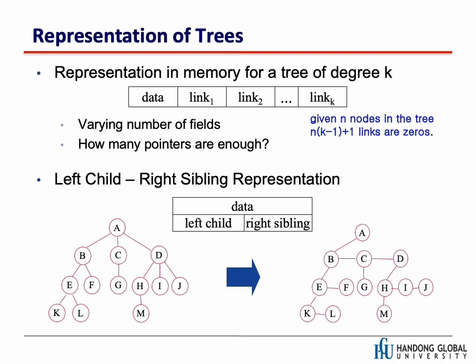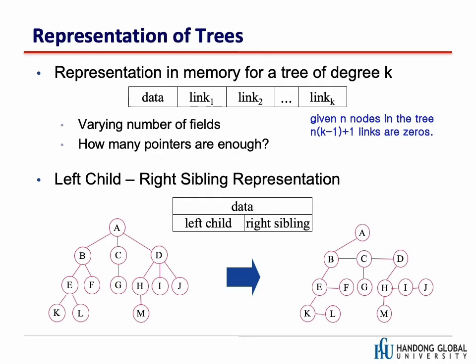Okay, so this is not the best way to represent a tree, because we have a varying number of fields. I mean, each node can have 1 child or 2 children or 0 children. So we don't use all the links here.